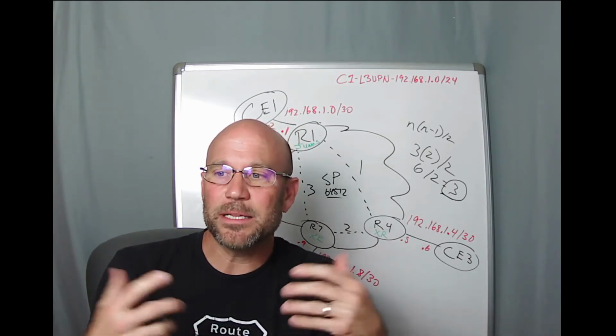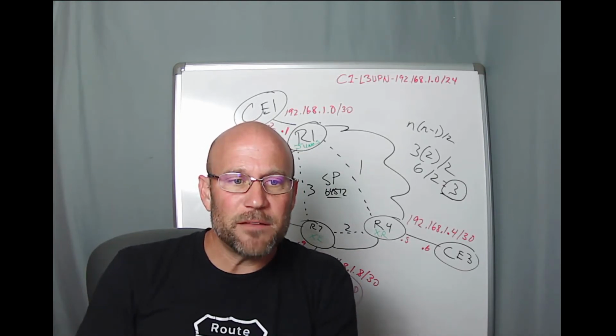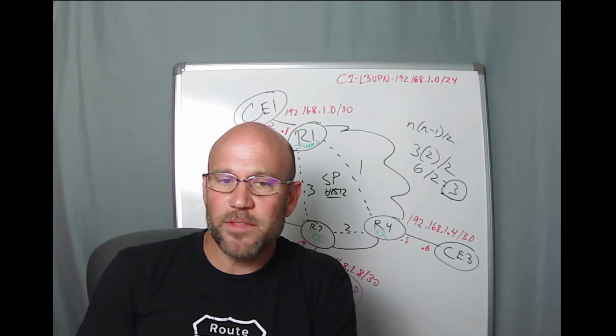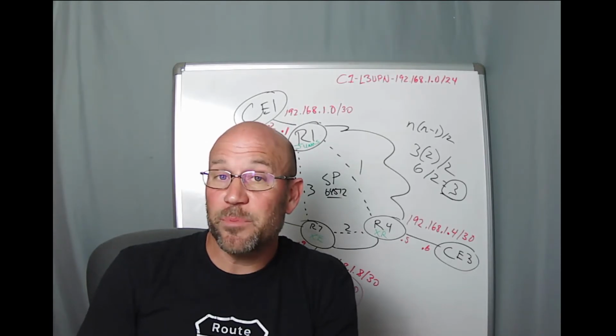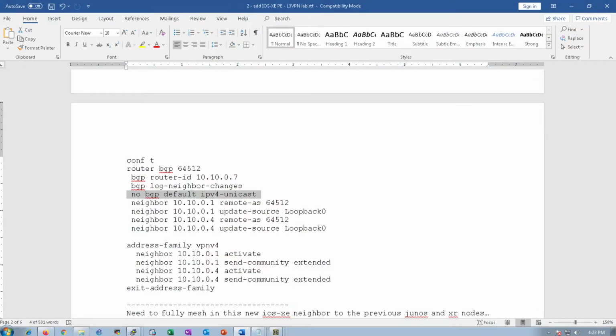That 96 bits forms the VPNv4 address family, and that's exactly what IPv4 layer 3 VPNs are all about. So we're not turning up BGP for IPv4 unicast, we're turning it up for VPNv4. By turning off the default behavior, it stops BGP from trying to add an IPv4 address family to every neighbor you create. You'll see that in a moment.